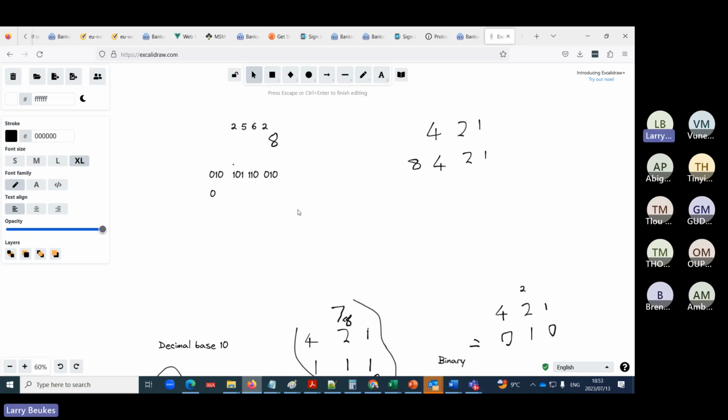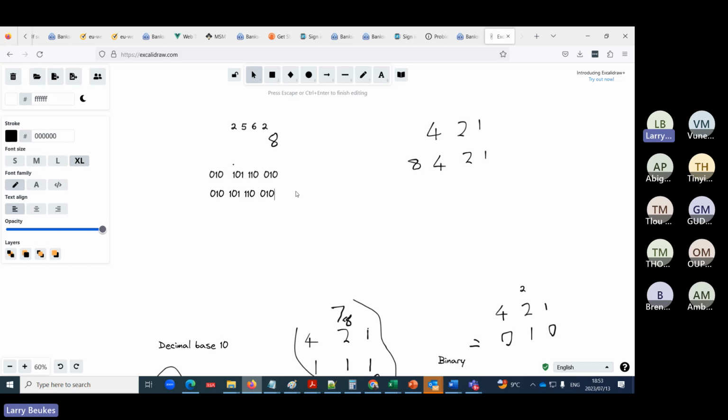I know we have this 0, 1, 0, 1, 0, 1, 1, 1, 0, 0, 1, 0. So when you group in 4s, you start from this side. Think, what is this? The least significant bit. So you're gonna start from this side. You're gonna group your first 4 here.